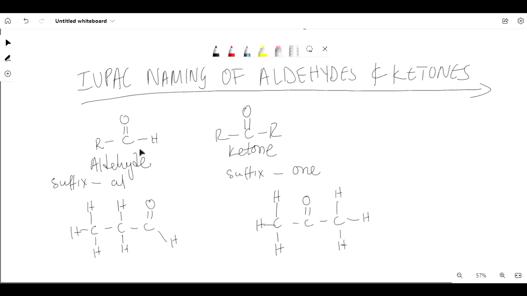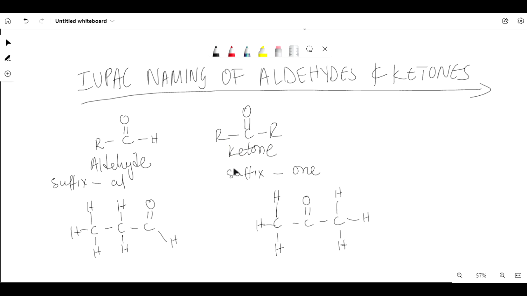In aldehydes, the carbon that is connected to the oxygen has one hydrogen, and in ketones the CO group is between two alkyl groups.